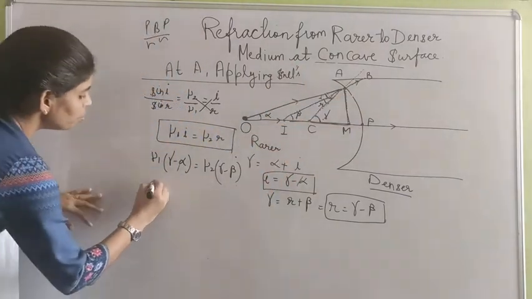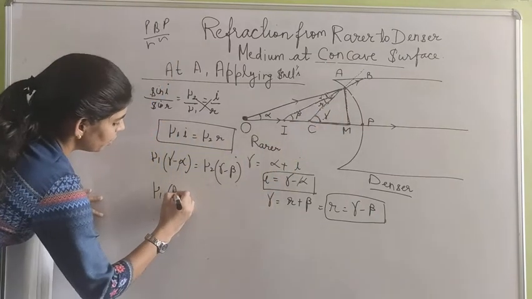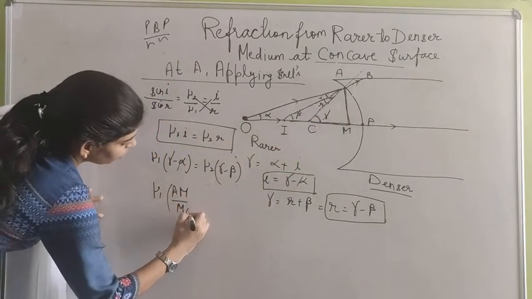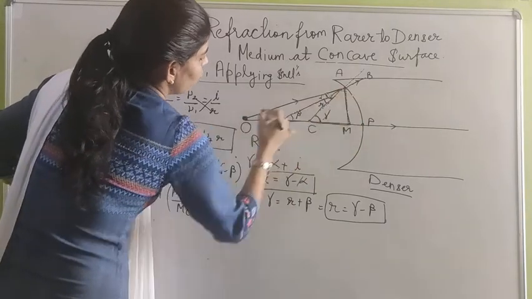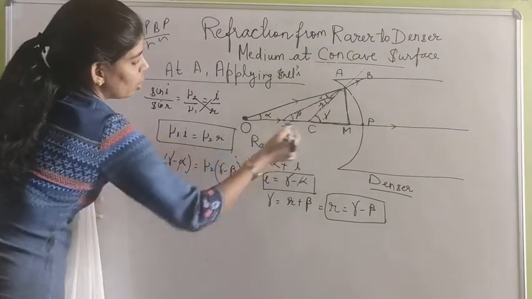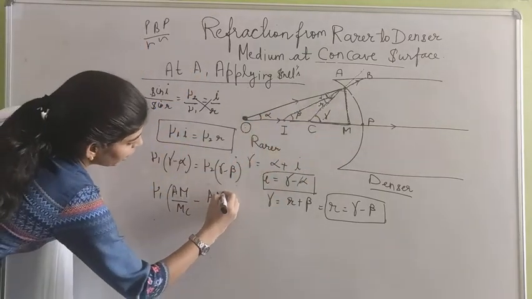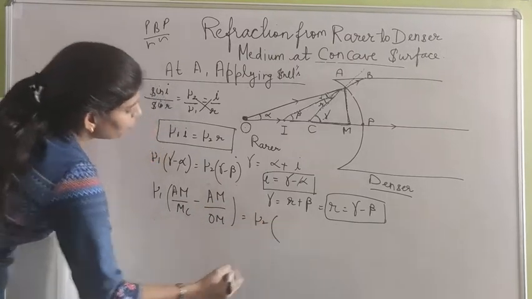So in place of gamma we will put the value. mu1 into gamma, gamma is AM by MC, minus alpha. Alpha is in this triangle AOM. Alpha's value is AM by OM. And this is equal to mu2 into gamma.